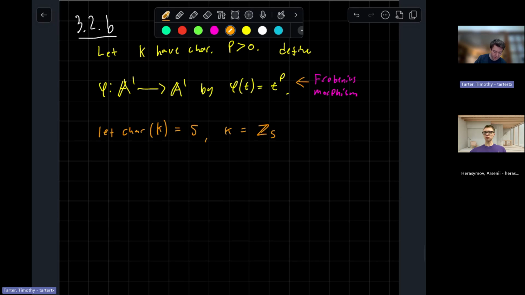And so then we can take phi of 3, which is equal to 3 to the 5th mod 5.